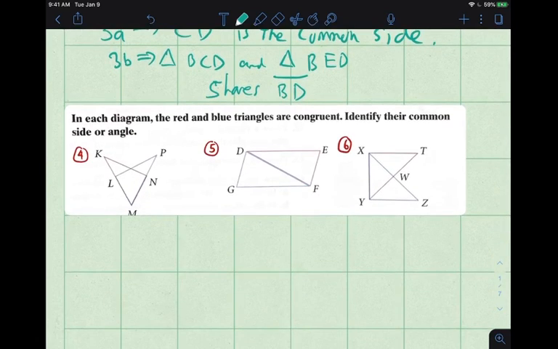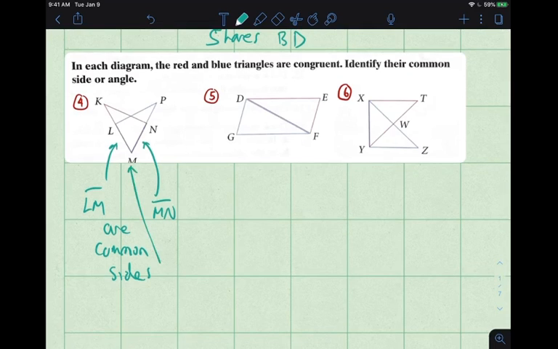For these two, identify their common side or angle. It's not as bad. The colors are already there to help you out. So here, segment LM, here, segment MN are common sides.